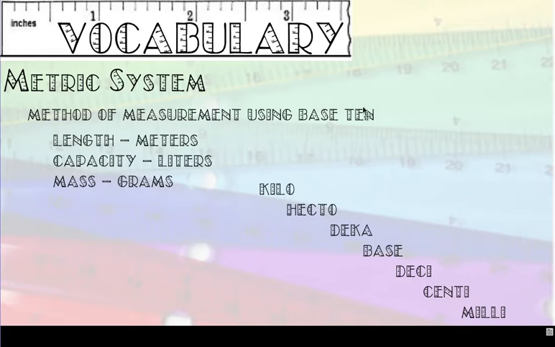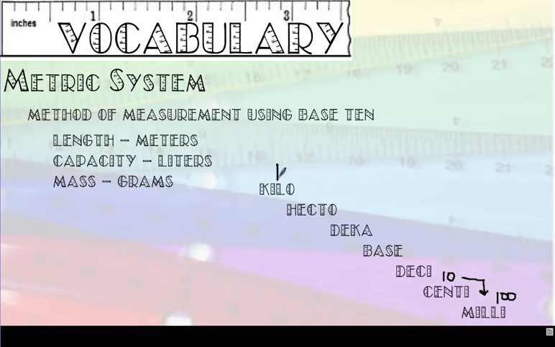So what I mean by base 10 is that if you have, let's say you have 10 centimeters. Well, millimeters are smaller than centimeters. So when you go from centimeters to millimeters, inside of each of these centimeters is 10 more millimeters. So 10 centimeters would be equal to 100 millimeters. That's what I mean by base 10. So every time you go down a stair, you multiply by 10.